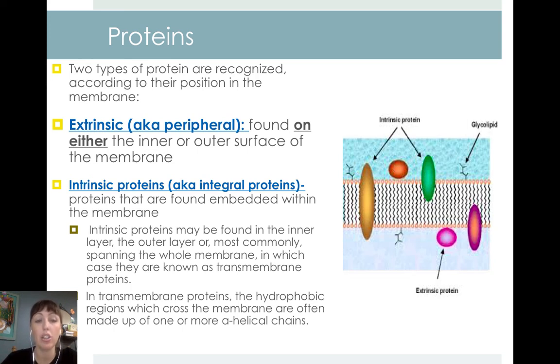Intrinsic proteins may be found in the inner layer, the outer layer, or most commonly spanning the entire membrane, in which case they are known as transmembrane proteins, because they're potentially moving particles over or through the membrane. In transmembrane proteins, the hydrophobic regions which cross the membrane are often made up of one or more alpha helical chains.